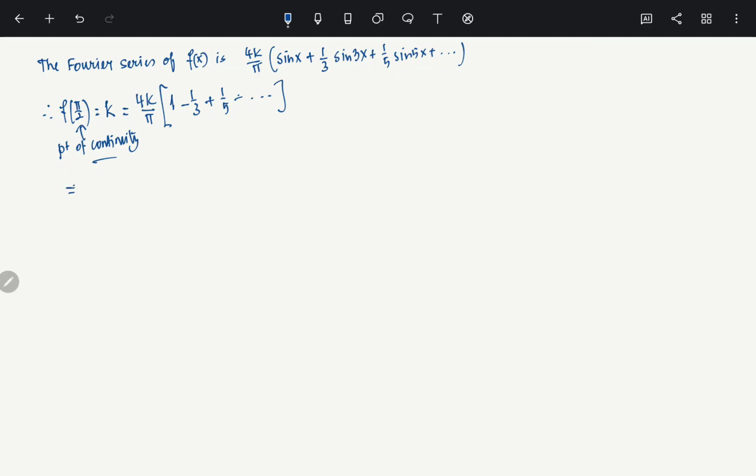So this will actually give you 1 minus 1 by 3 plus 1 by 5 minus 1 by 7. This series, the sum is given by pi by 4. The series converges of course, and since k is positive, it gets cancelled and it becomes pi by 4.